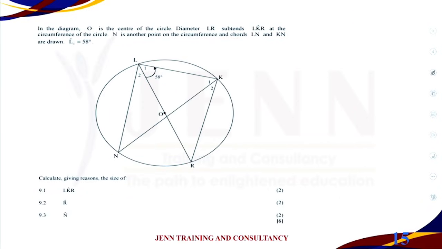Now, with cycle geometry, you must then read the statement. The statement reads as follows. In the diagram below, O is the center of the cycle. Diameter LR subtends angle LKR at the circumference of the cycle, and N is another point on the circumference, and chords LN and KN are drawn.